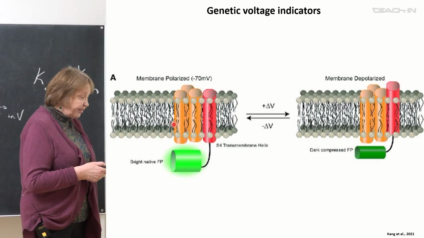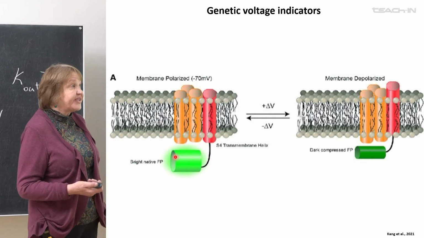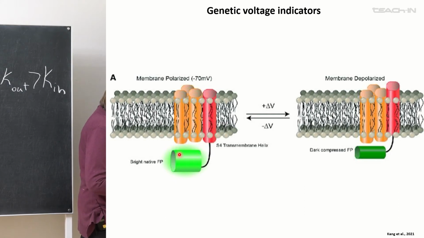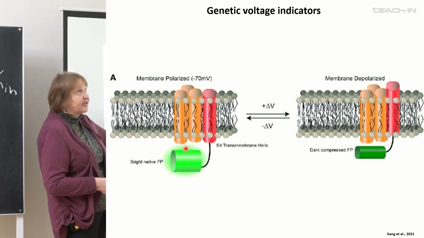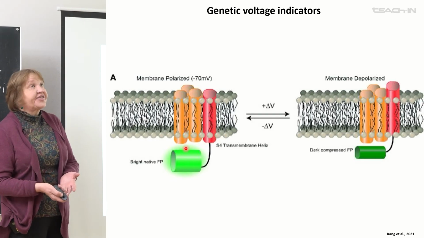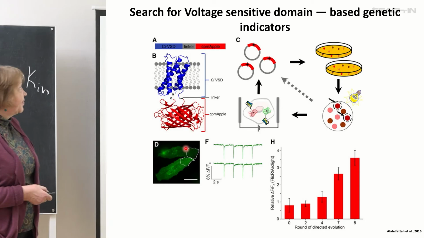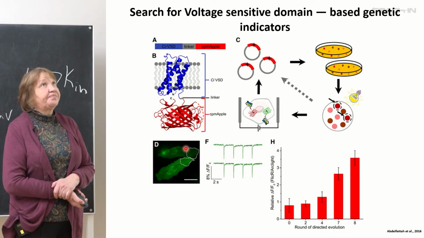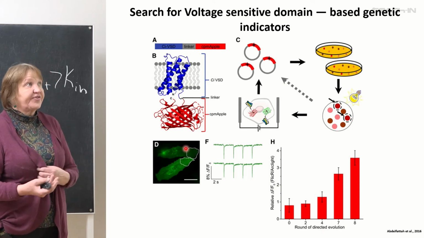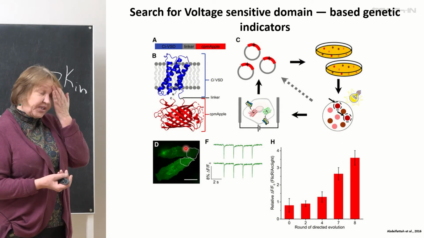In some cases, if it is attached to a voltage sensitive domain, when voltage changes, the relative position of the protein to the membrane and voltage sensitive domain may change, and that will result in a change in either the intensity of fluorescence or even the emission or excitation wavelength. But you somehow have to find this voltage sensitive domain and figure out which configuration will work.